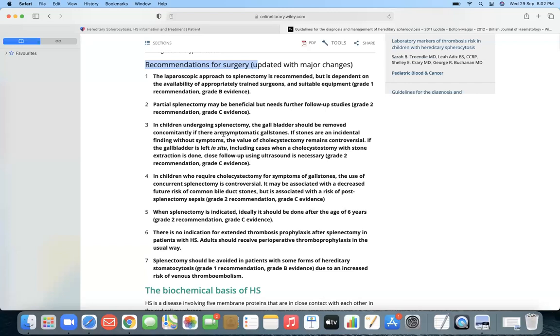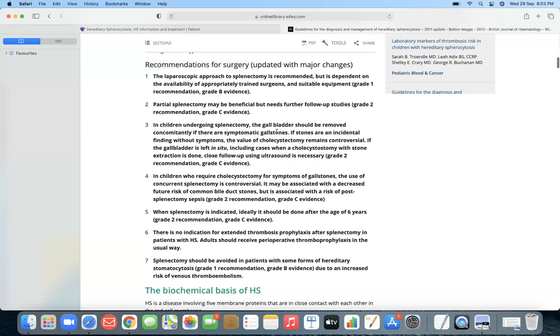So if children are undergoing splenectomy, the gallbladder should be removed concomitantly if there are symptomatic gallstones. If stones are an incidental finding without symptoms, the value of cholecystectomy remains controversial. If the gallbladder is left in situ, including the cases when cholecystectomy with stone extraction is done, close follow-up using ultrasound is necessary.